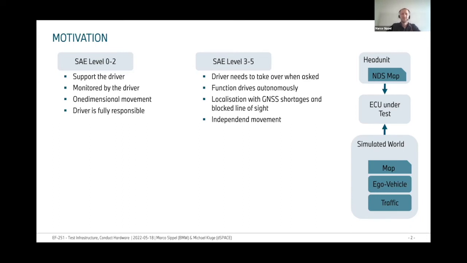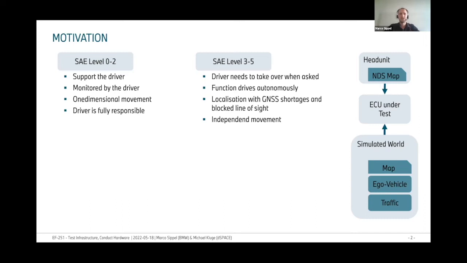Also, the function drives autonomously and you have localization issues. For example, if you're driving in an urban area, localization with GNSS could be difficult because you have high buildings and your GNSS connection could be blocked. And for higher levels, the vehicle can also move independently.